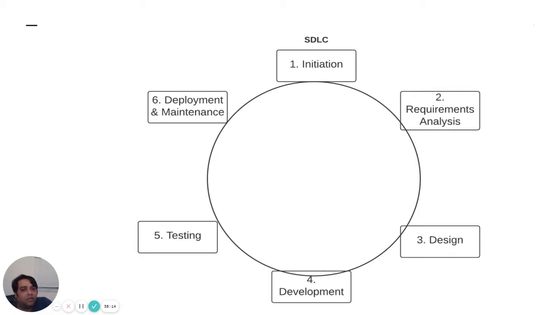Smoke test. The smoke test is very simple. You build a house and fill it with smoke, and you check whether there is a leakage or not. You build a car, then you put smoke inside, and you see whether it has a leakage or not, right? That is called a smoke test.